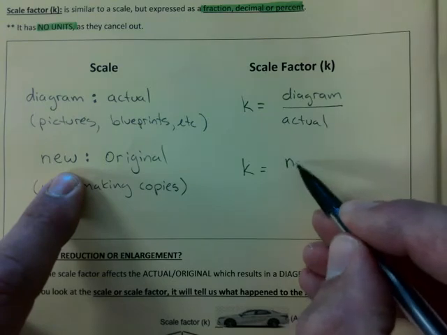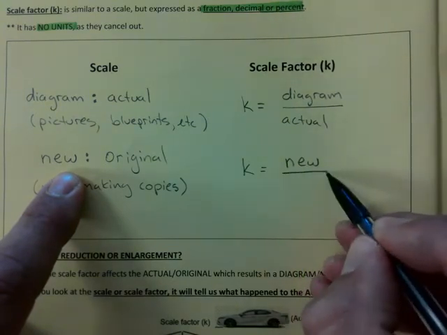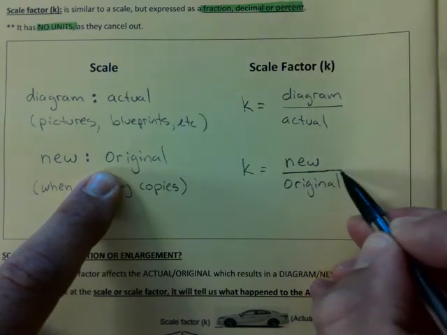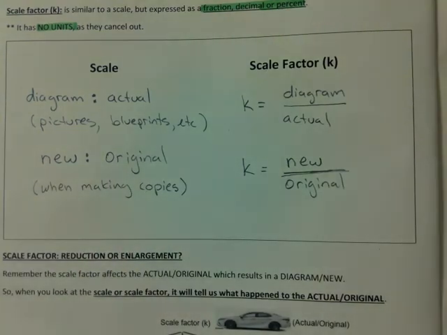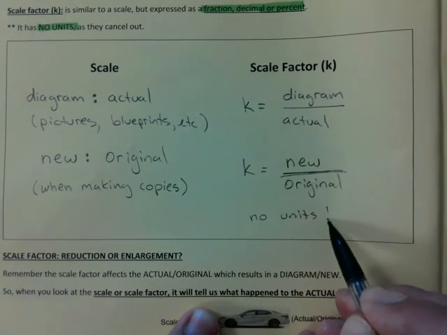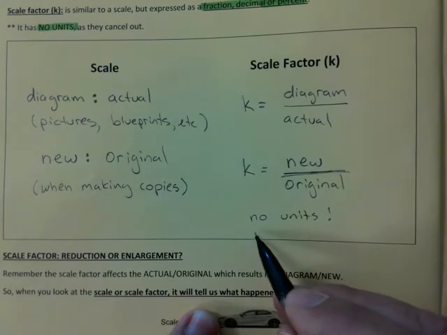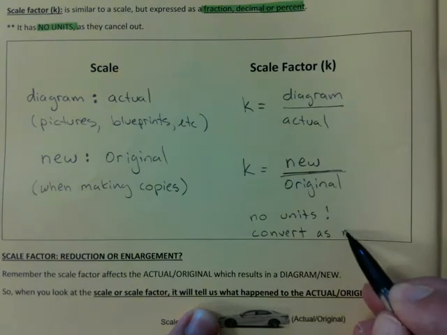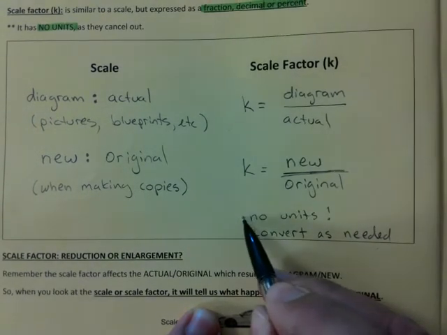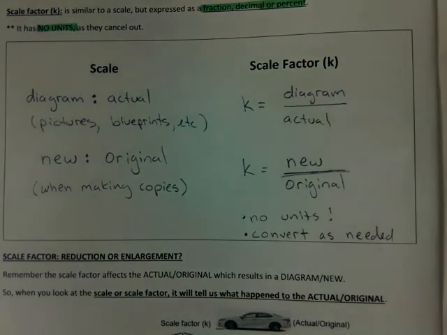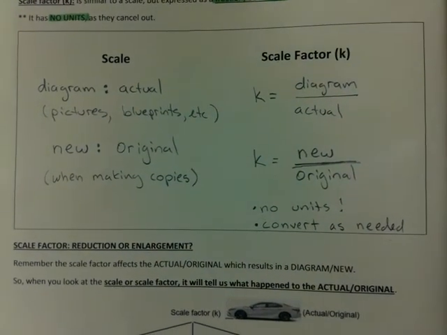We will be taking the value of the new, so it could be the new length, divided by the original length. And there are no units. No units, I'm saying that because it's very important. Convert as needed, right? Convert as needed. So bullet there, and you'll see what I mean by that. We'll have to do some converting at times to cancel out the units.